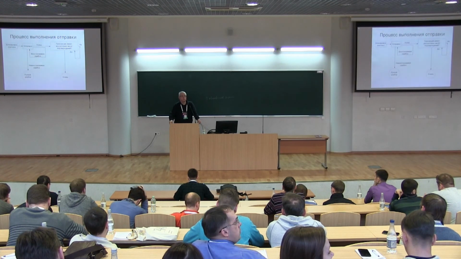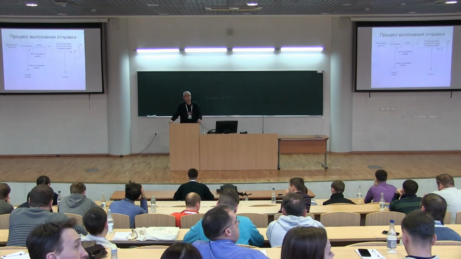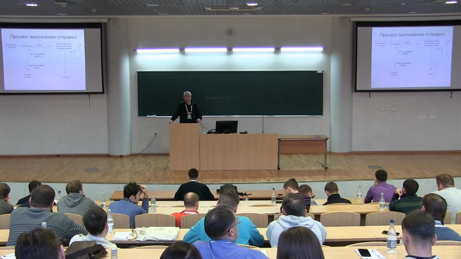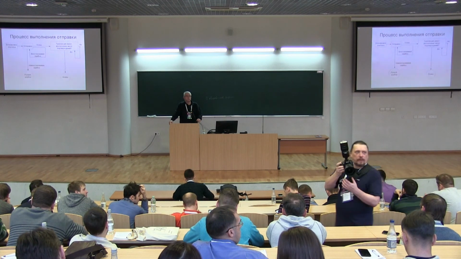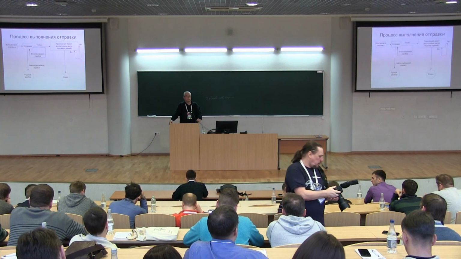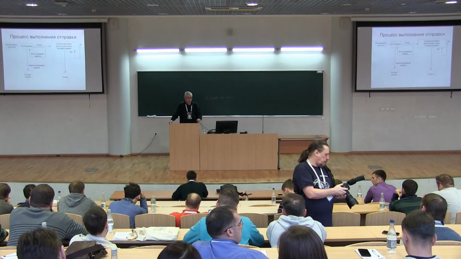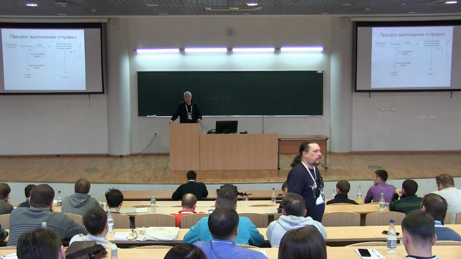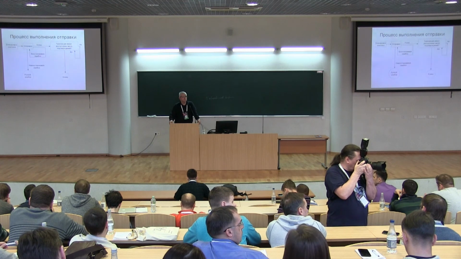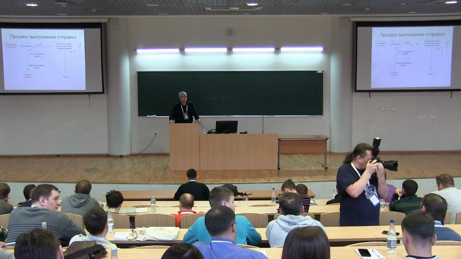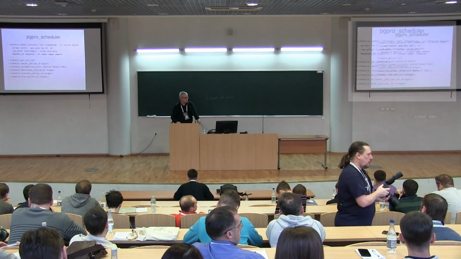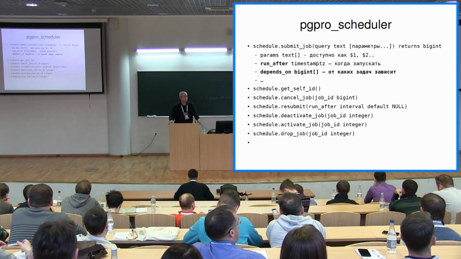And the second question is about the parallel nature. I know that there is a pool of workers that fulfill these jobs. Can there be any control of parallel nature, for example, to mark this job as red, blue, and say, no, now we can't do it? In the example that you've shown, pg_schedule, what is the type? This one, yes.